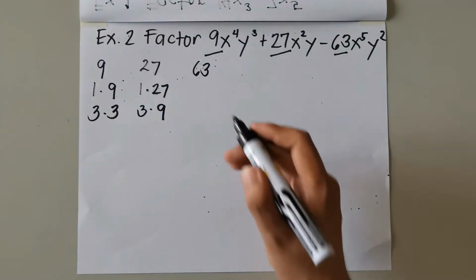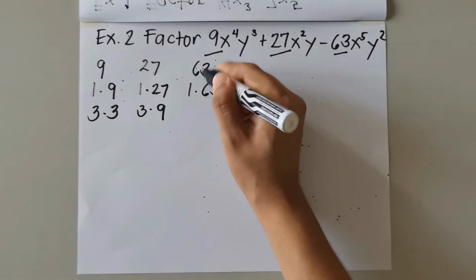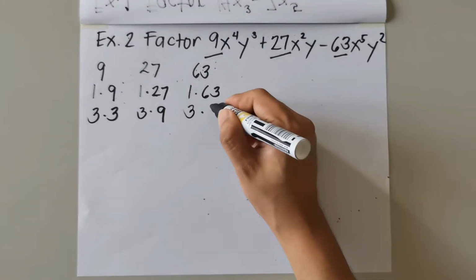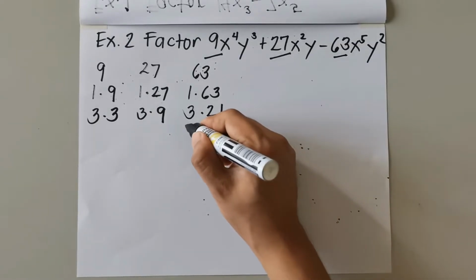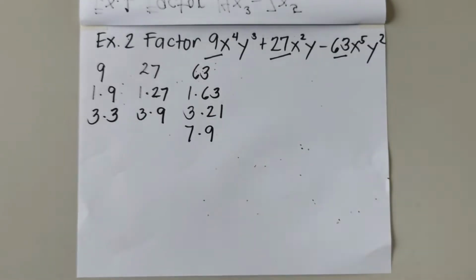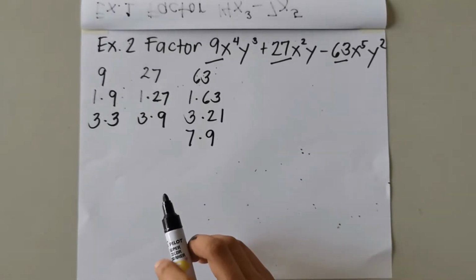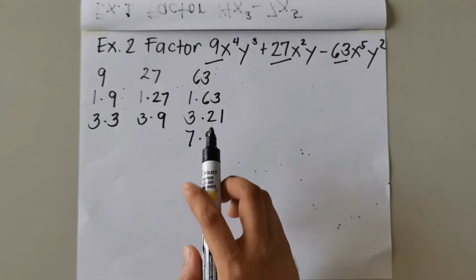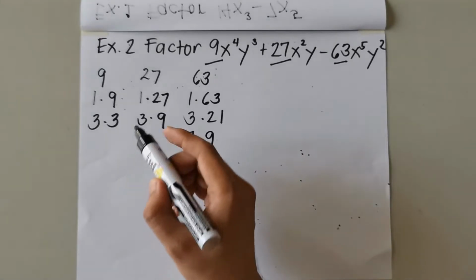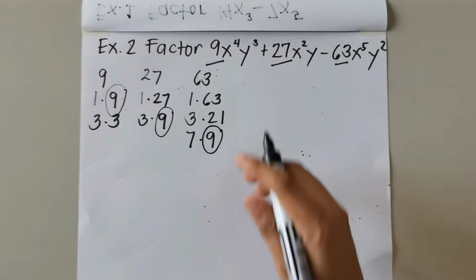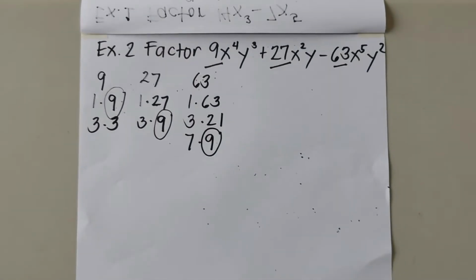Now for 63, we have 1 times 63, 3 times 21, and 7 times 9. Looking carefully at the list of factors, we can say that the GCF is 9. Here, here, and then here.